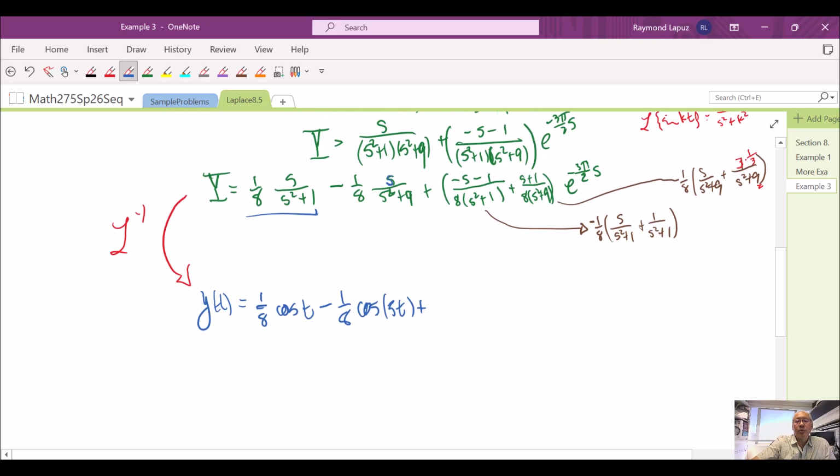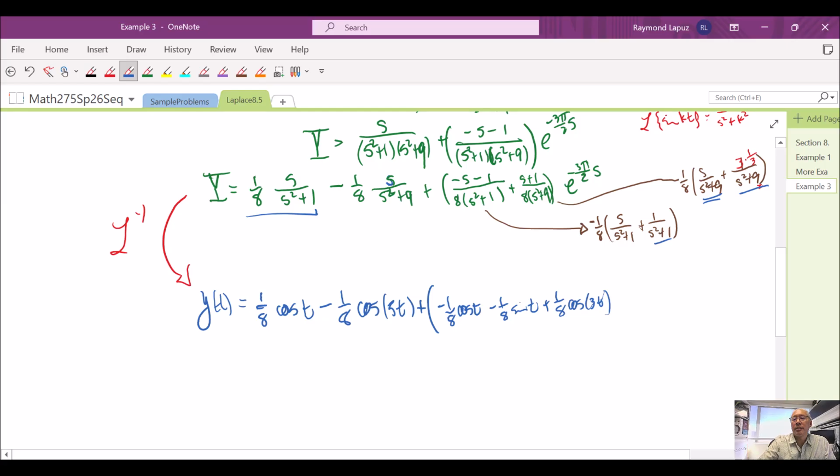Okay, now we are into the part that has the step function. So we'll start off here, negative 1/8, and that's a cosine t minus 1/8, and then that's a sine t, and then now plus 1/8, and then this is going to be a cosine 3t.